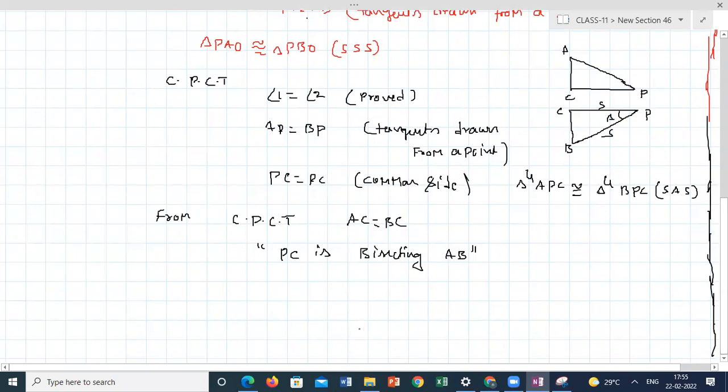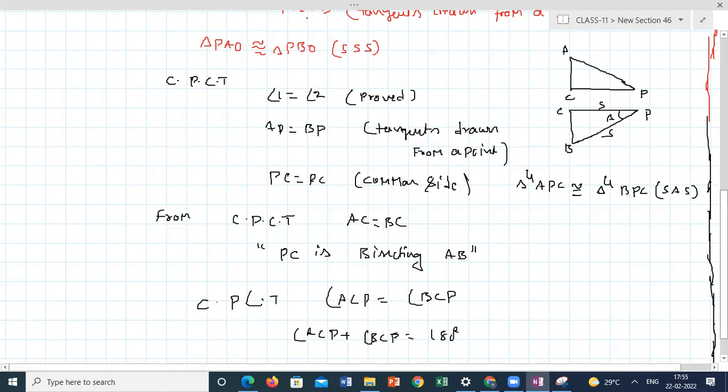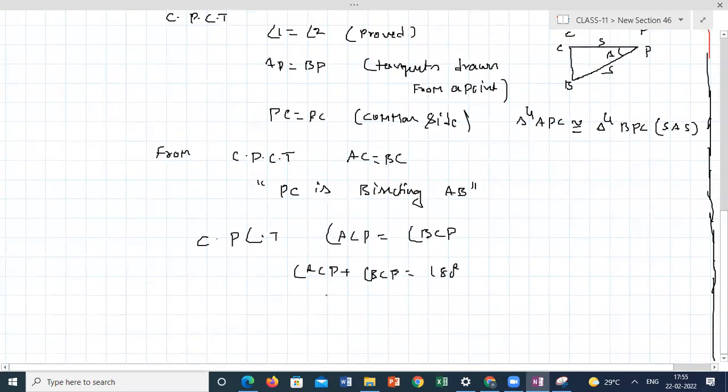Perpendicular bisecting means what? We have to prove angle. Yeah, we know from CPCT angle ACP is equal to angle BCP. Angle ACP plus angle BCP is equal to 180 degrees. So both are same. If I'm taking both are same, 2 times angle ACP is equal to 180 degrees.